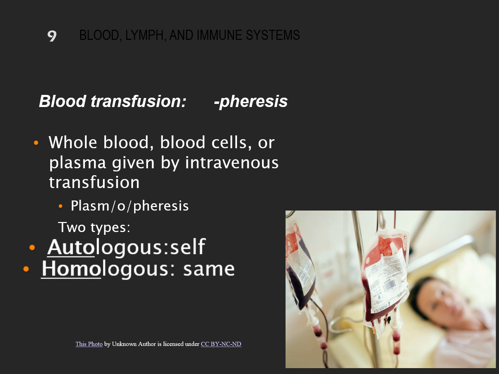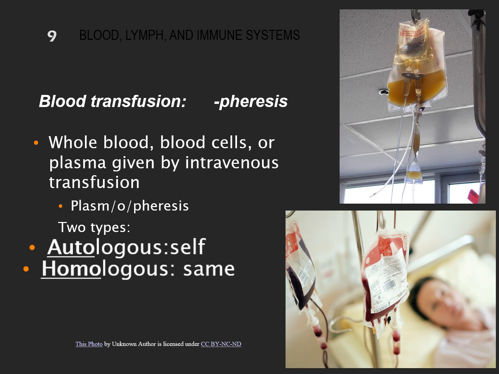And homologous is the transfusion of blood coming from a donor of the same species, so another human, whether it's a relative, a friend, or a stranger. And that is an image of plasmapheresis. So you're not transfusing all of the blood, you're transfusing just the plasma.